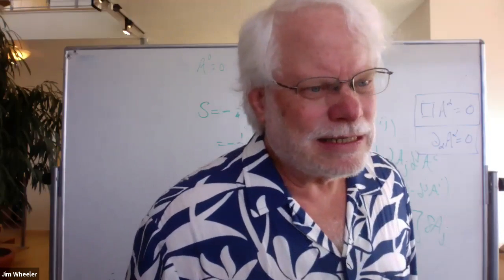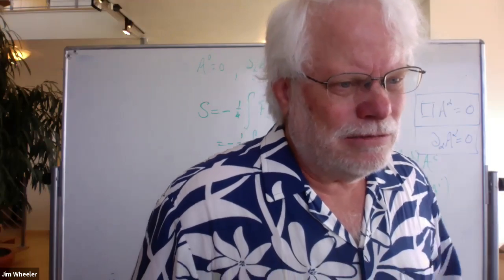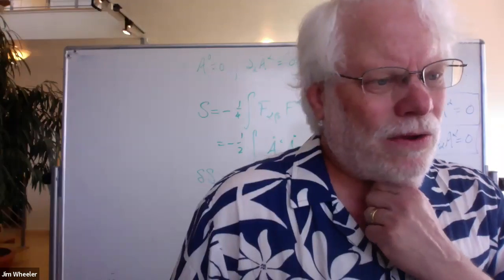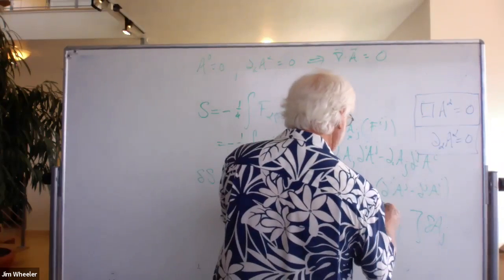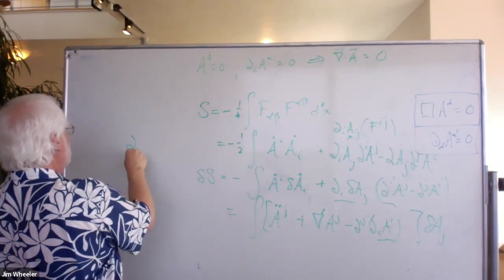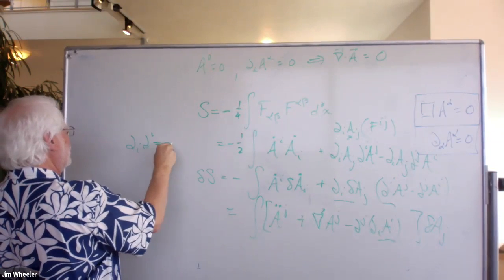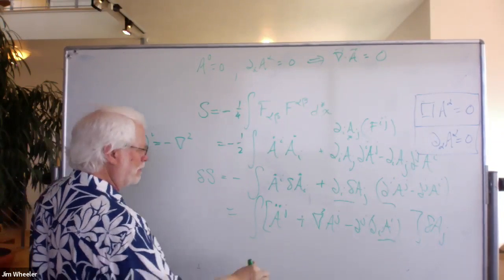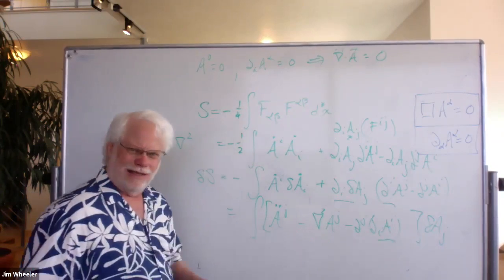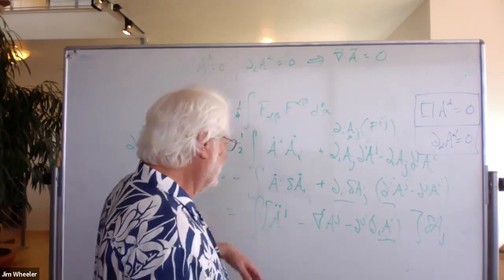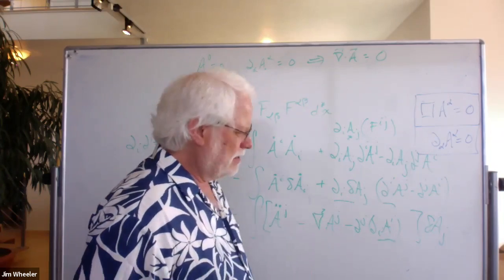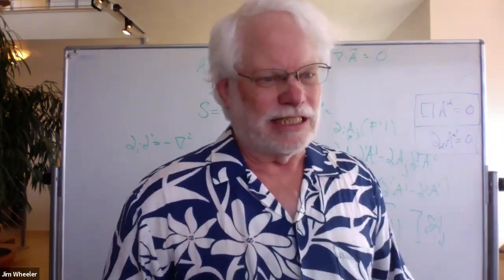I do want a minus here somewhere. Oh, okay, here it is, right there: d_i is minus del squared. I get tripped up all the time on that funny space-time signature. Okay, so this is box minus the gradient of a divergence.